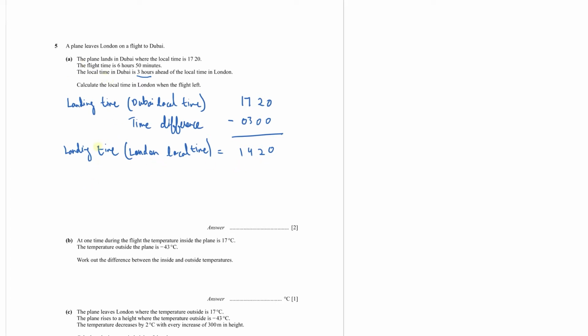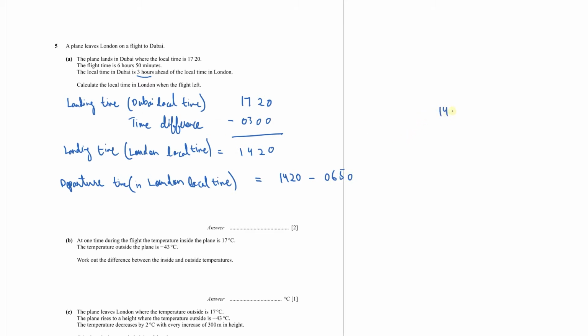Now what's the departure time? So departure time in London local time will be equal to 14:20 minus the flight duration, which is 0650, 6 hours 50 minutes.